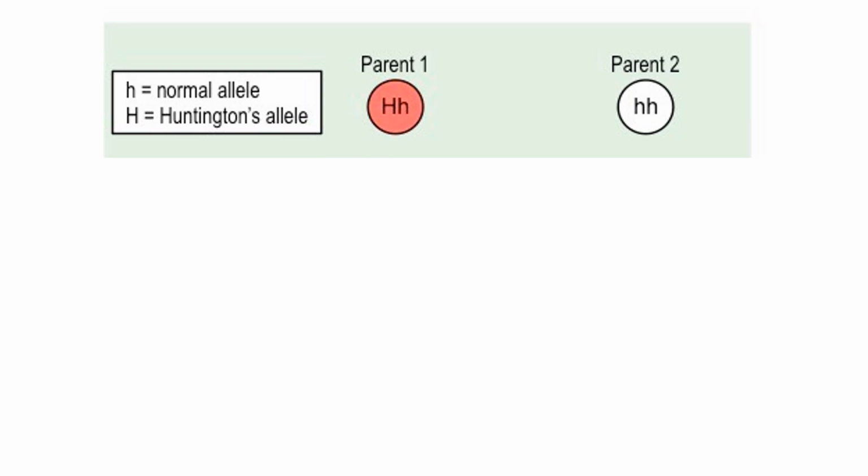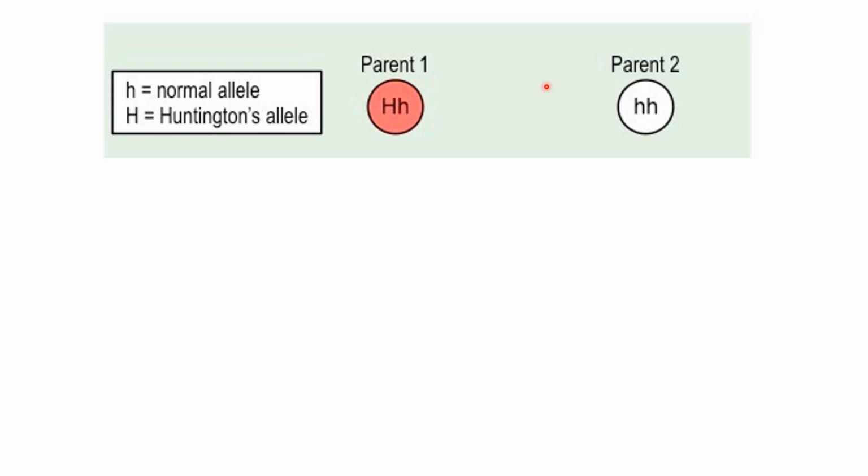When we are doing crosses, we need to know the genotype of the parents. So here we have two parents. One has a dominant H, so the dominant allele codes for Huntington's disease, and then the lowercase h. Parent 1 is heterozygous, parent 2 is homozygous recessive: two lowercase h's, two normal alleles, so they don't have Huntington's disease.